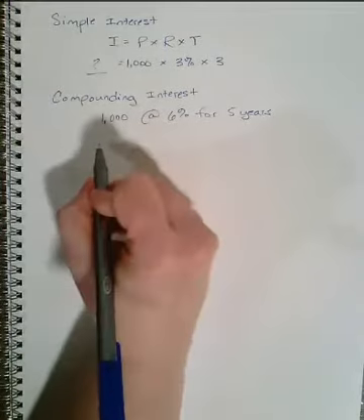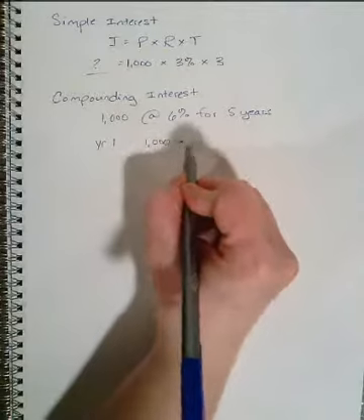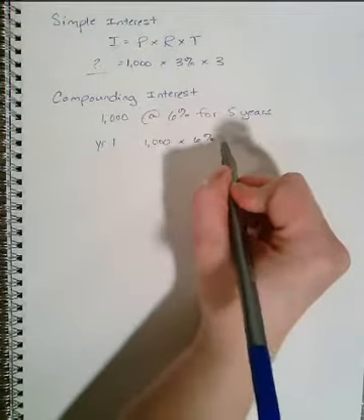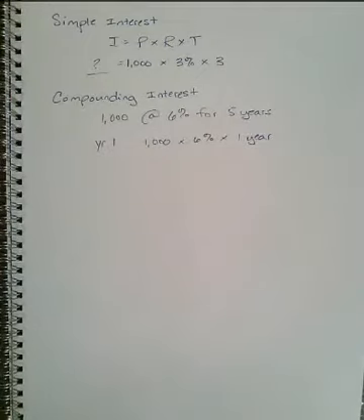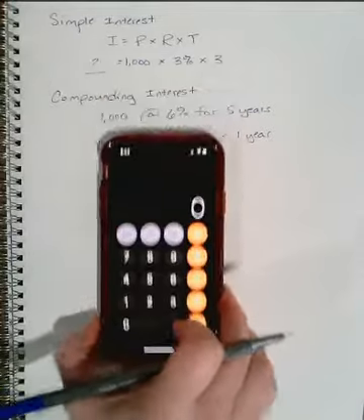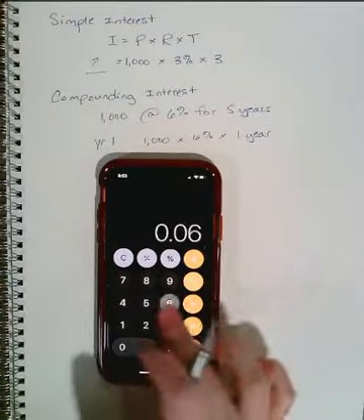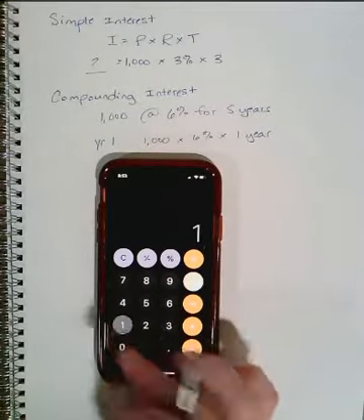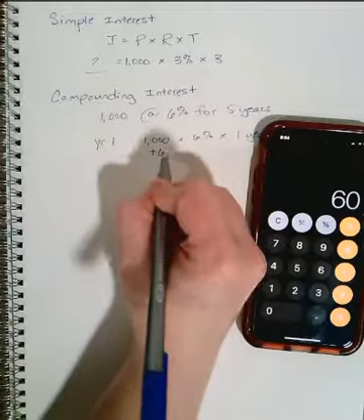Now we could calculate it. Year one, we've got $1,000 times 6% times 1 year. We can pull out our basic calculator here, and take 1,000 times 6% times 1 year, so $60 in interest, so plus 60.